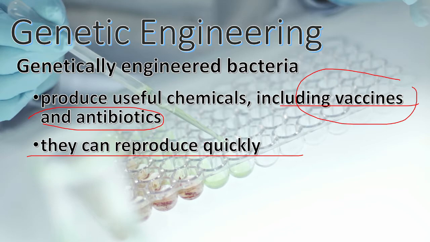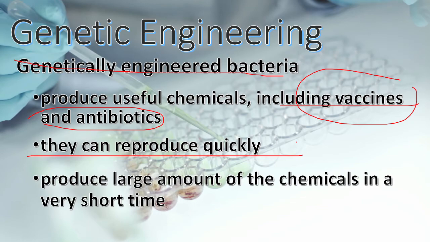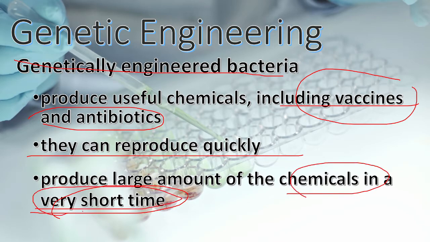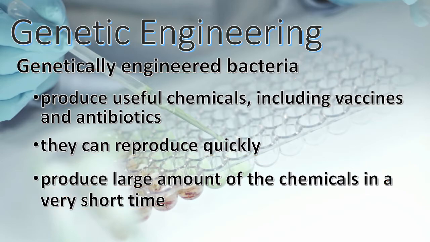That's maybe the reason why they are using GMO bacteria for the vaccines of COVID-19. It produces a large amount of chemicals in a very short time, which is very helpful for us.